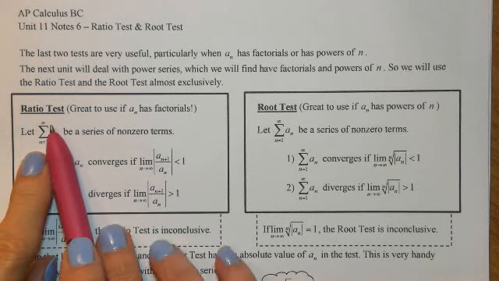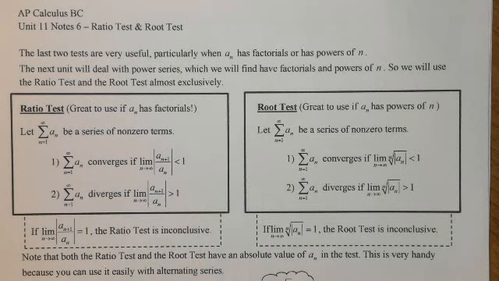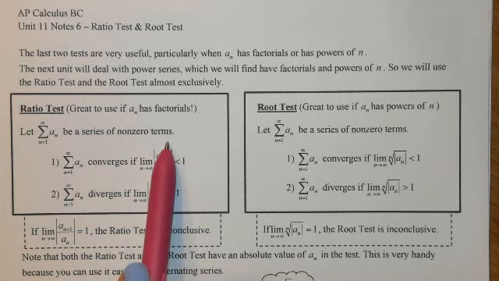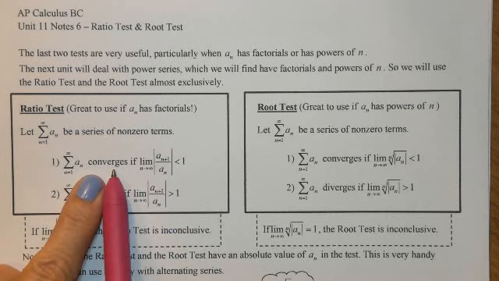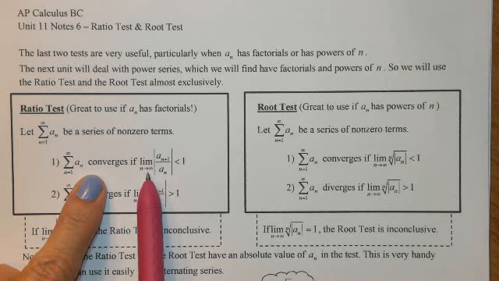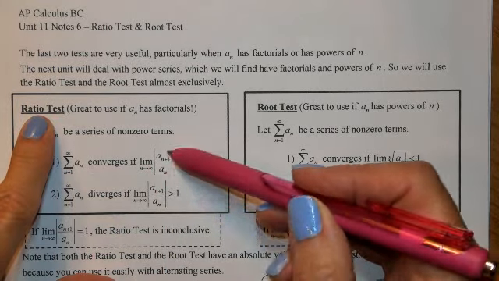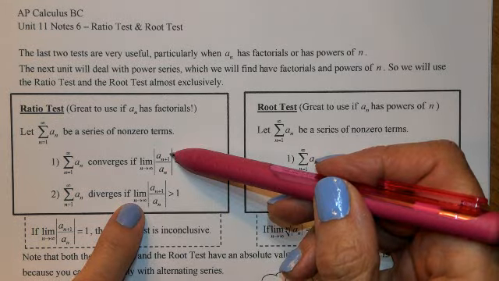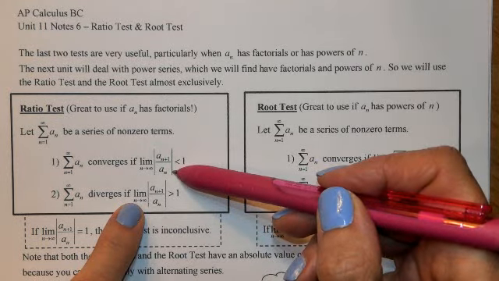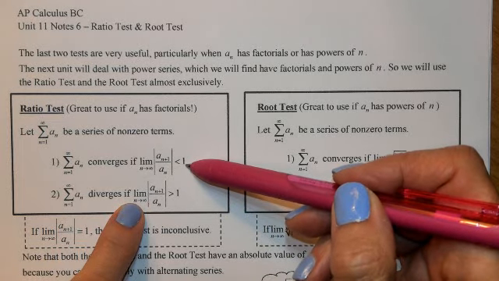Let's say that this is a series of non-zero terms. So the terms are not zero. They can be negative, they can be positive, but they're not zero. Okay? This series converges if the limit as n goes to infinity of this ratio, hence the word ratio test, a ratio of the n plus 1 term to the nth term, is less than 1.